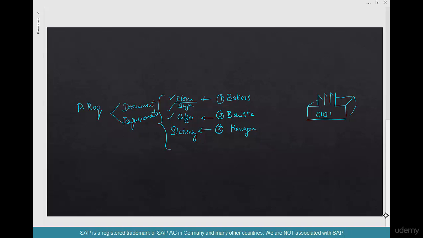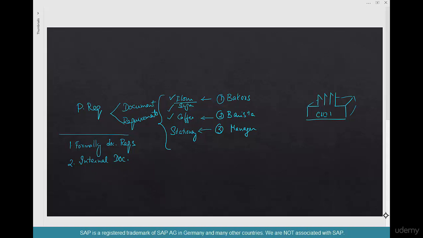A PREQ is a way to formally document the requirement for goods or services. So it's a tool to formally document requirements. And another characteristic is it's an internal document, meaning it's not a document that goes out to the vendor.